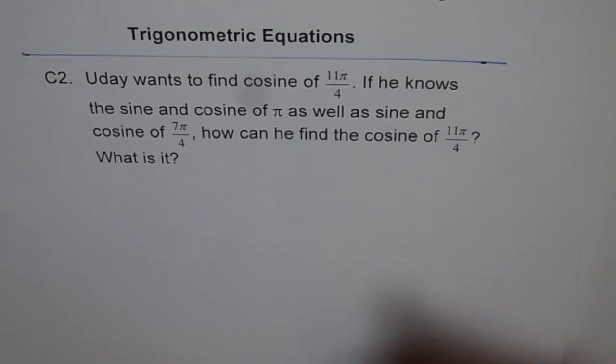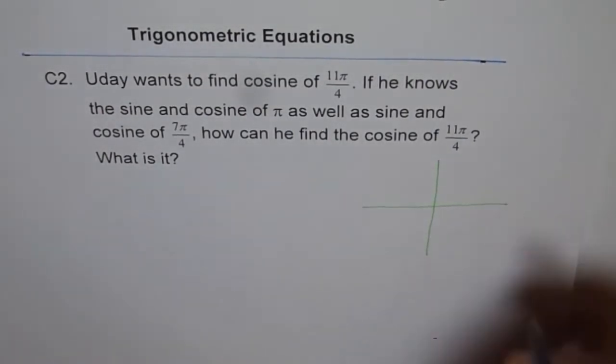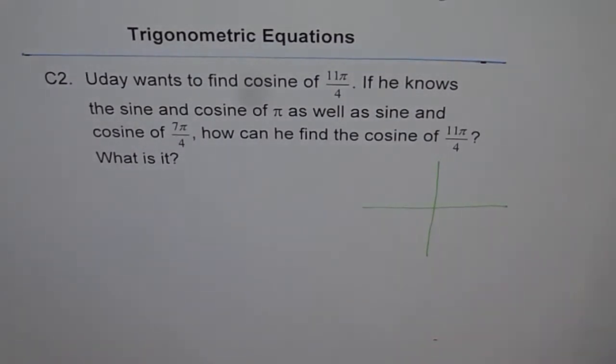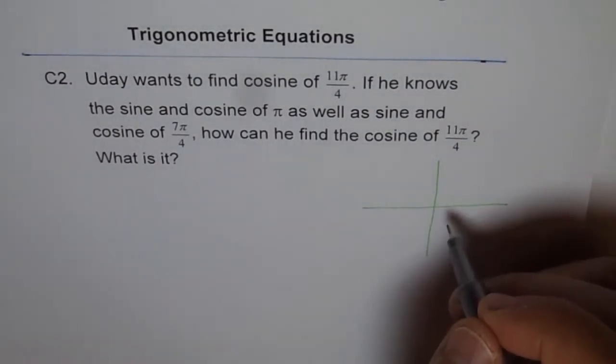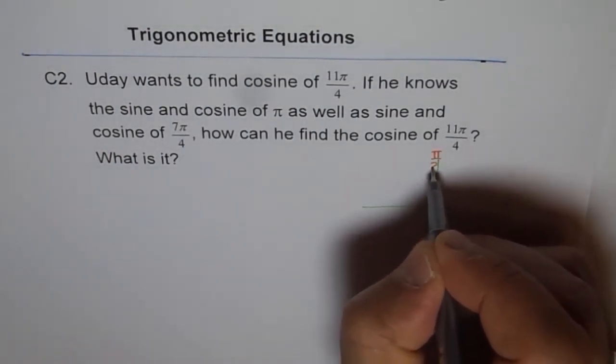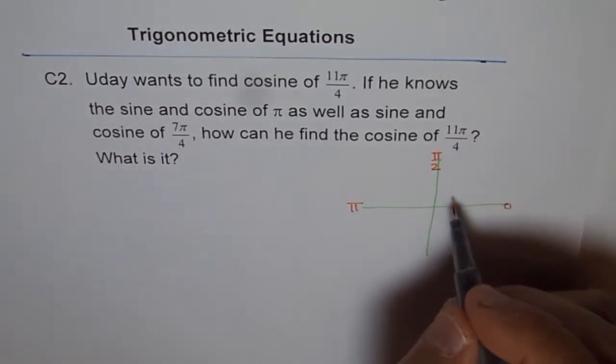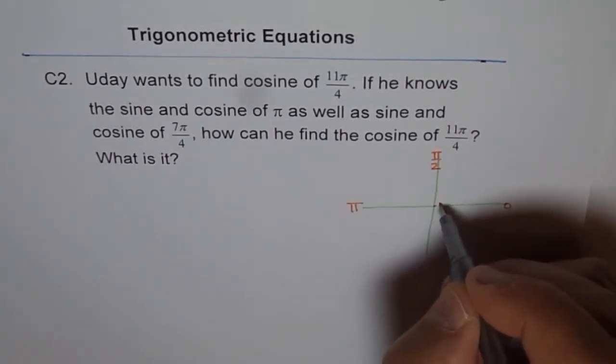Okay, so let's first see what we're trying to find. That's our coordinate plane, and when we are talking about pi by 4, this is 0, this is pi by 2, correct? And that is pi for us. So pi by 4 is half of pi by 2, so that is like this.